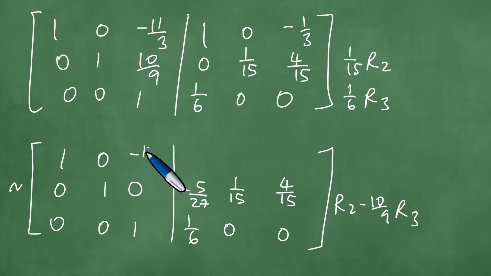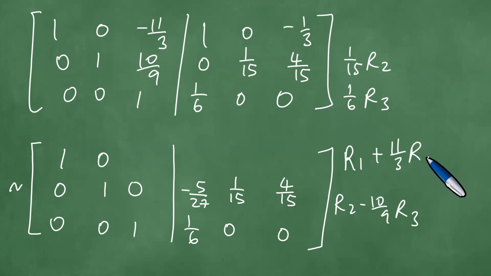1, 0 minus 11 out of 3. 1, 0 minus 1 out of 3. I can just change this one. Let's row reduce it. Row 1 plus 11 out of 3, row 3.